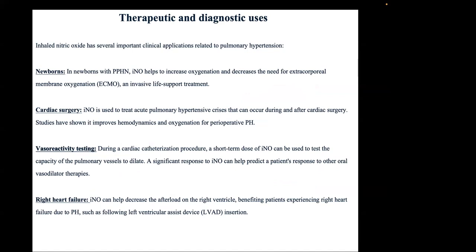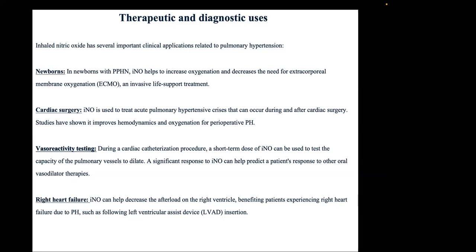In cardiac surgery, inhaled nitric oxide is used to treat acute pulmonary hypertensive crisis that can occur during or after surgery. Studies have shown it improves hemodynamics and oxygenation in perioperative pulmonary hypertension.